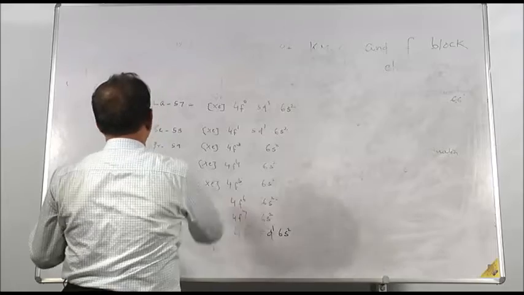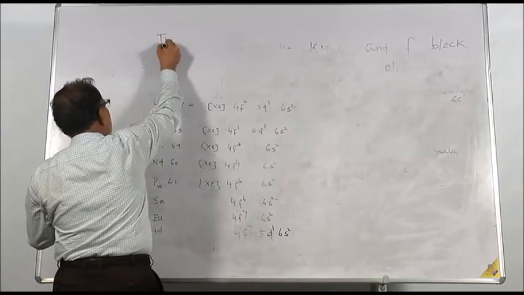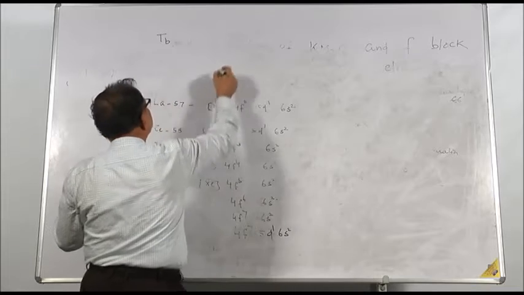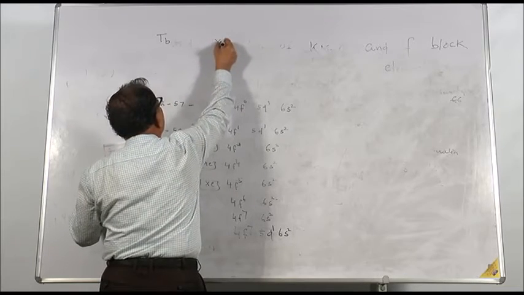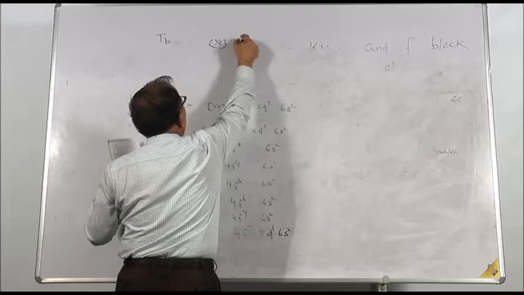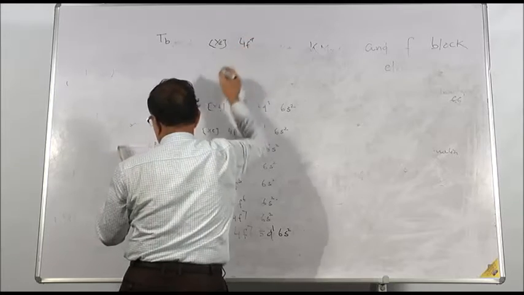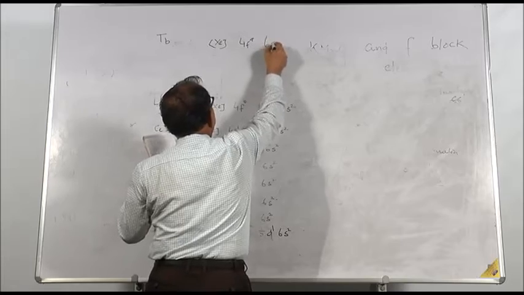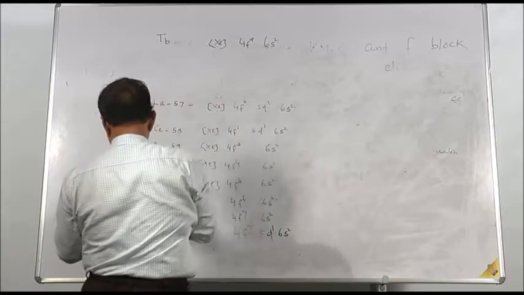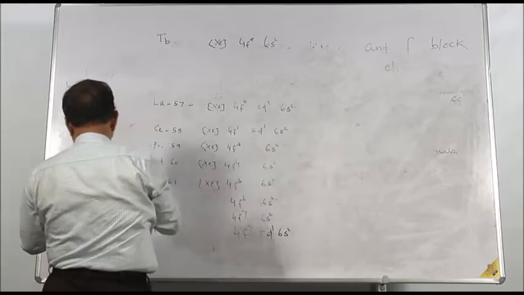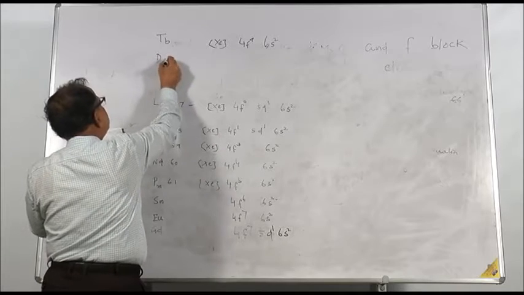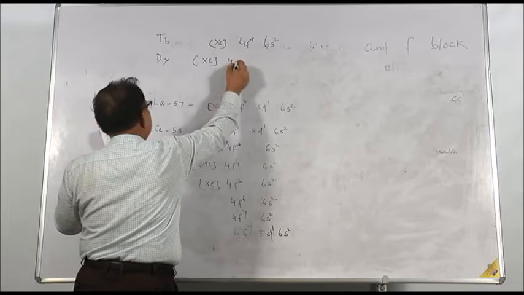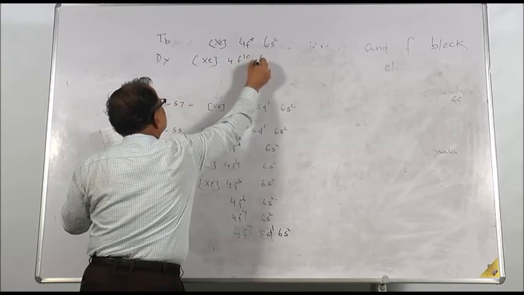Then Tb, xenon 4f9 6s2. Then Dy will be 4f10 6s2.